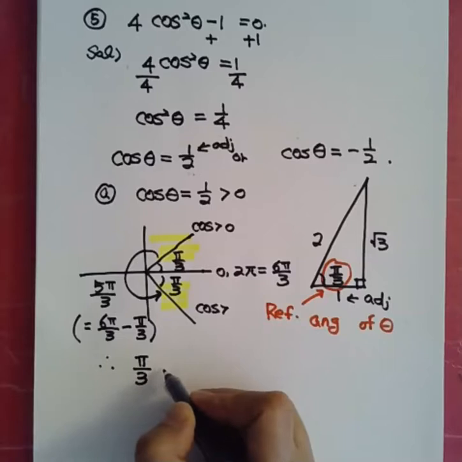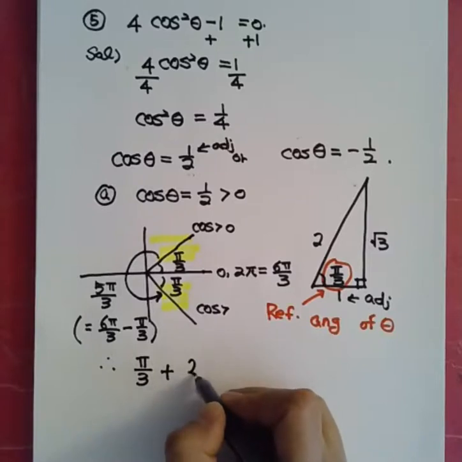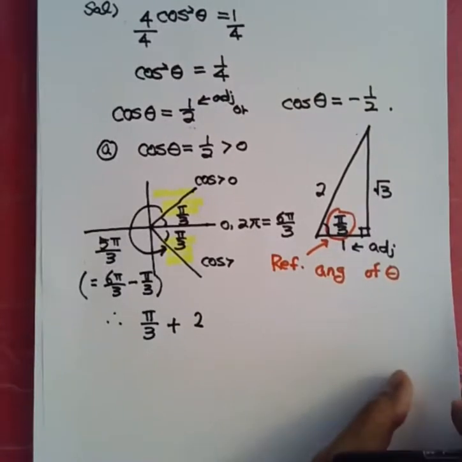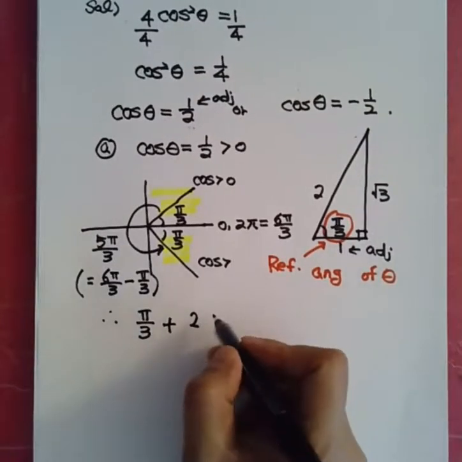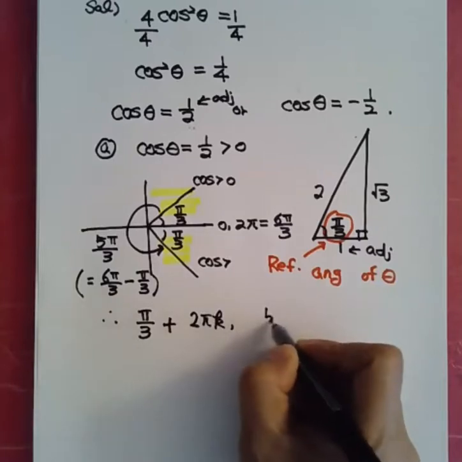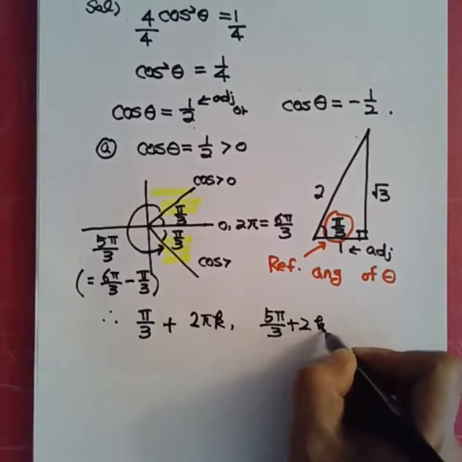Those are pi over 3 and 5 pi over 3. So we will generalize the answer to list all the answers. So that is pi over 3 plus 2 pi k and 5 pi over 3 plus 2 pi k.